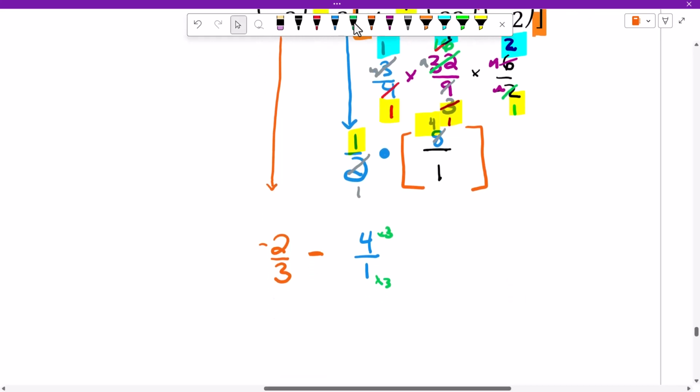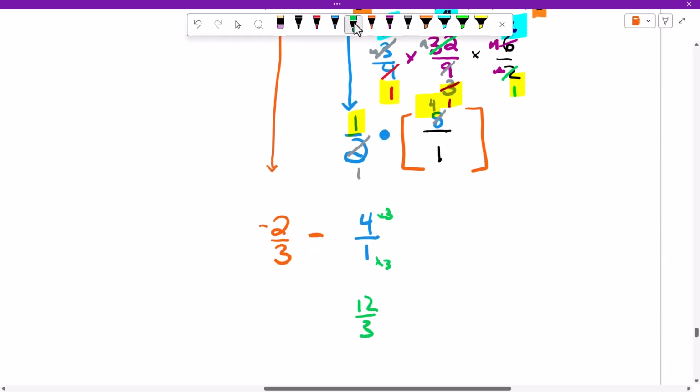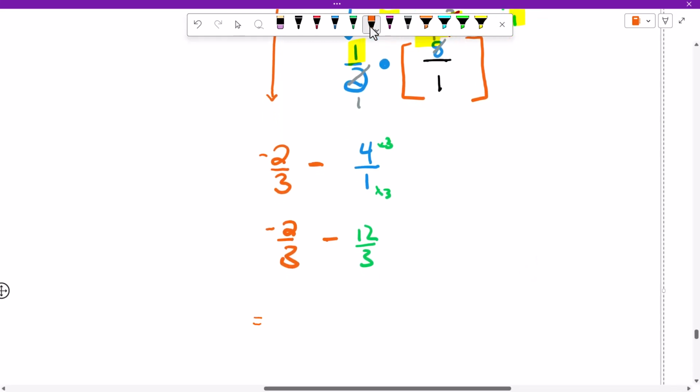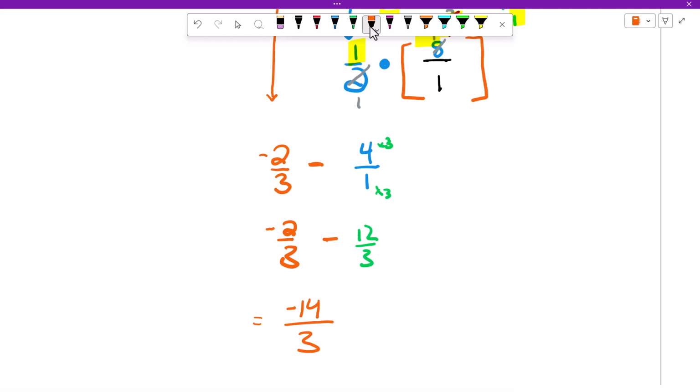We get 12 over 3 here, and we have a minus sign and a negative 2/3. Okay? And now that they're the same, we can add them together. Negative 2 minus 12 is negative 14. And we are done.